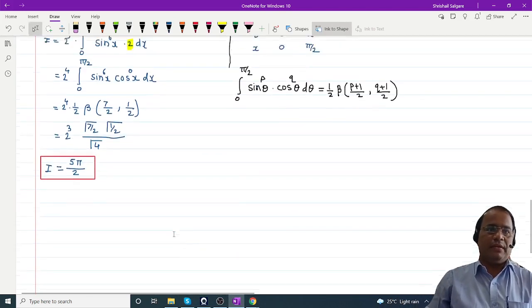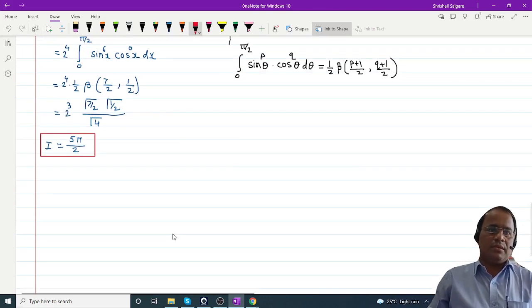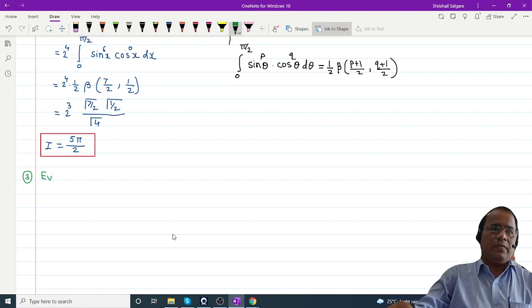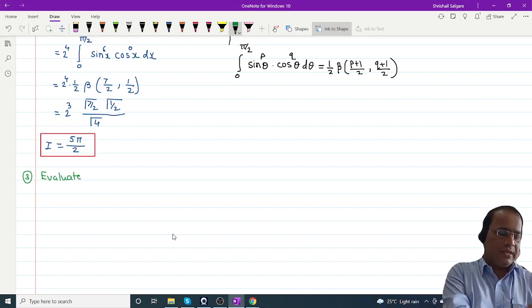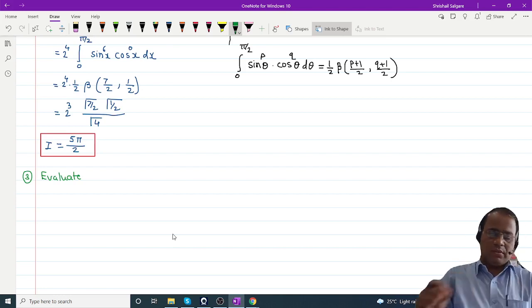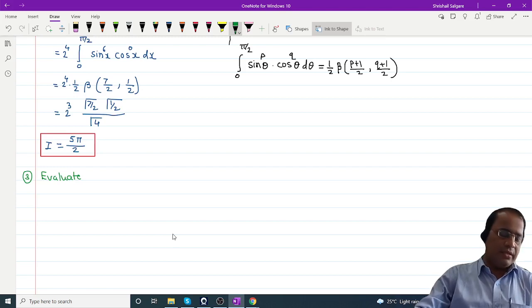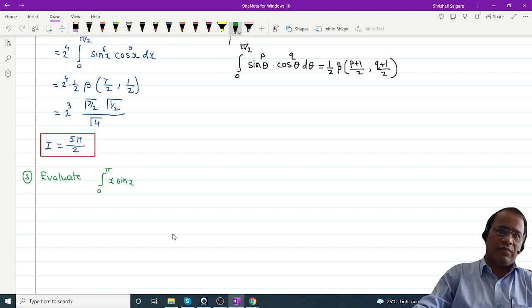Now the next one, the third example. Suppose you have to evaluate the integral. I will take examples which are applicable. Evaluate the integral 0 to pi of x into sin x raised to 5 into cos x raised to 4 dx.